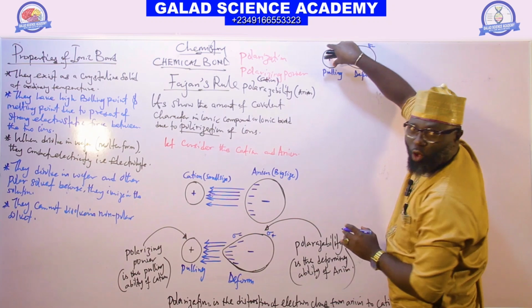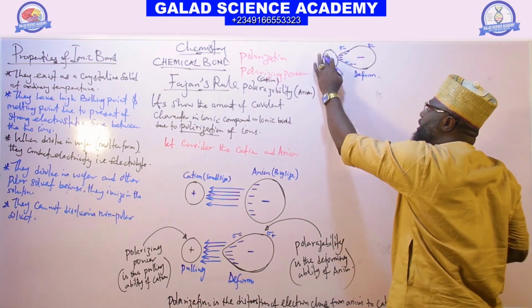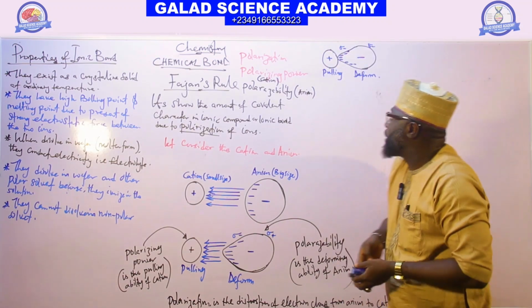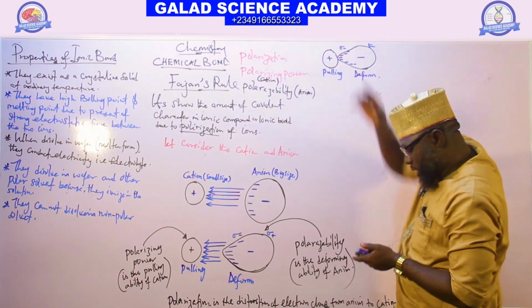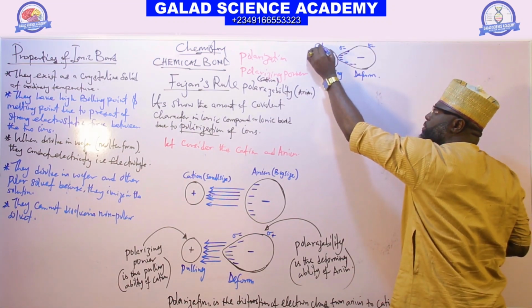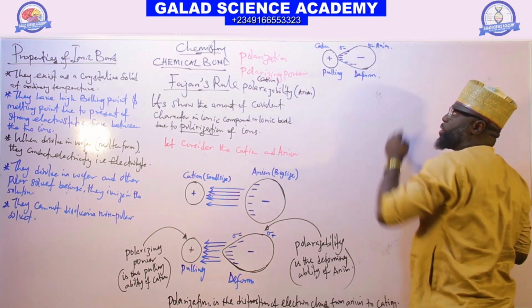And so as a result of this, now you can observe that when this deformed electron cloud is being touched by the cation we have here, this is the cation and this one is the anion.